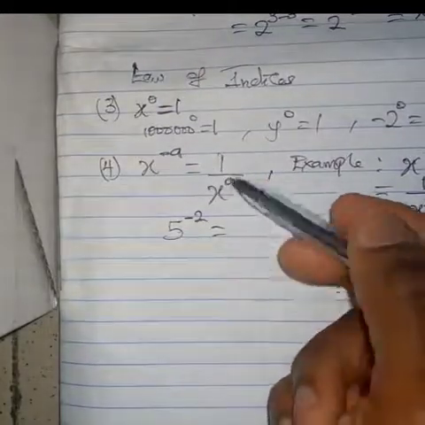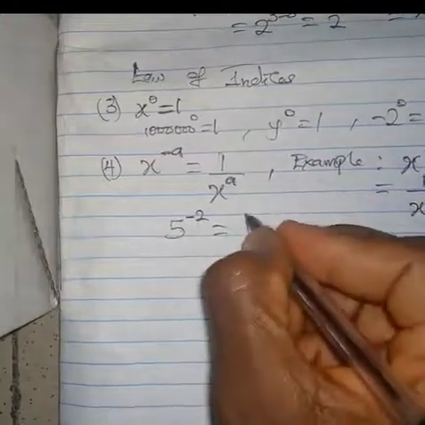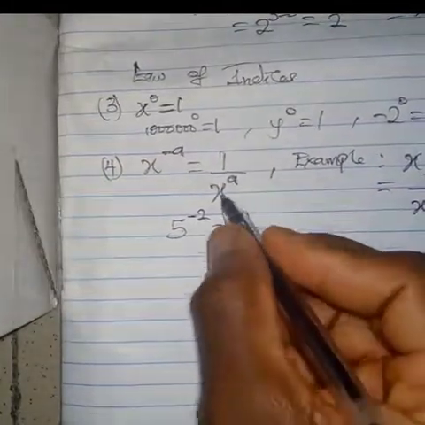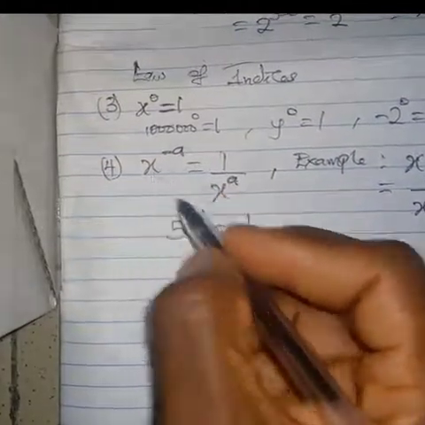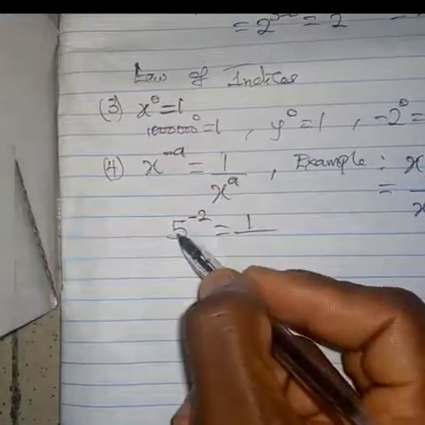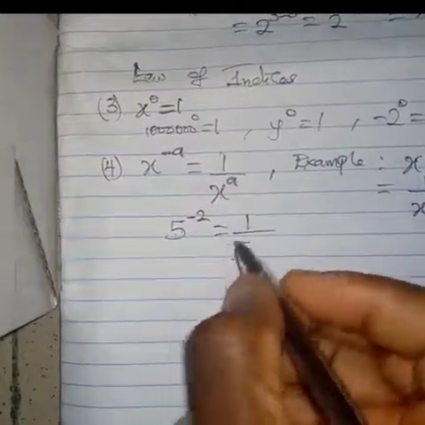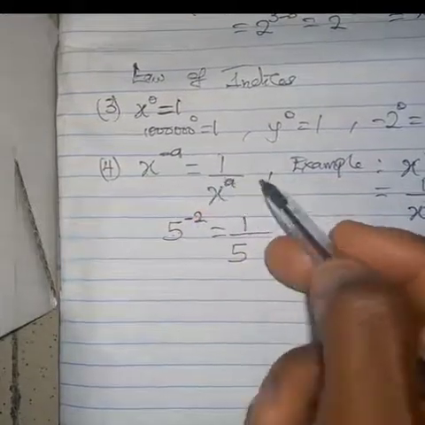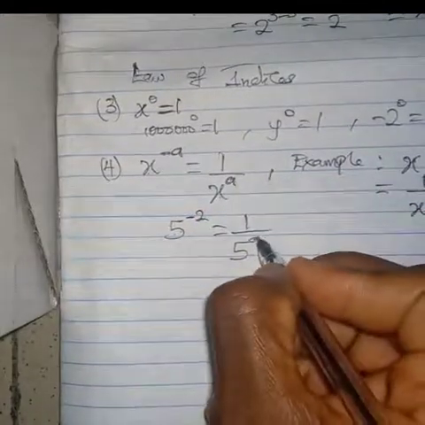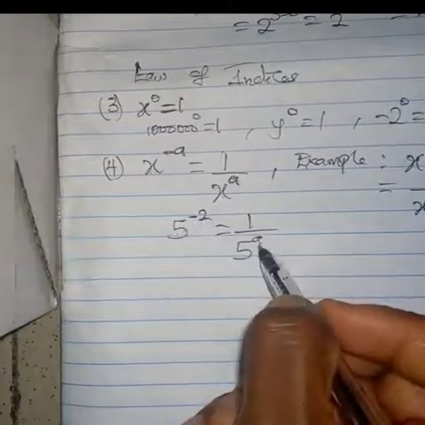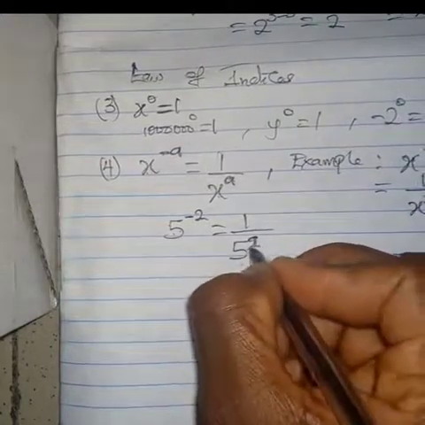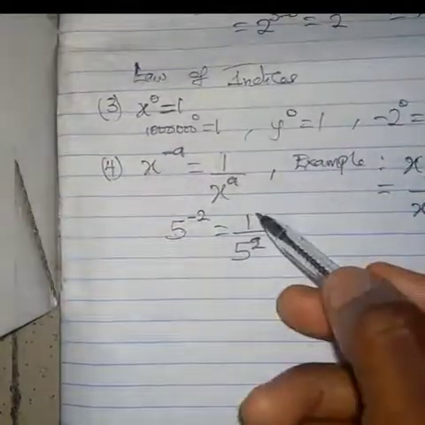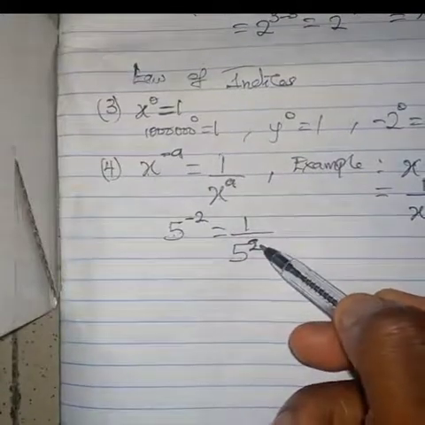Then you have 1 all over x, and x is representing 5, so you write the 5. And a is representing 2, so you write 2. So you have 1 all over 5 raised to the power of 2.